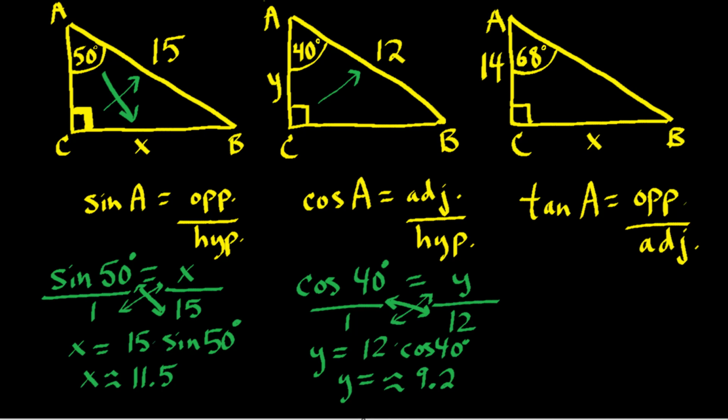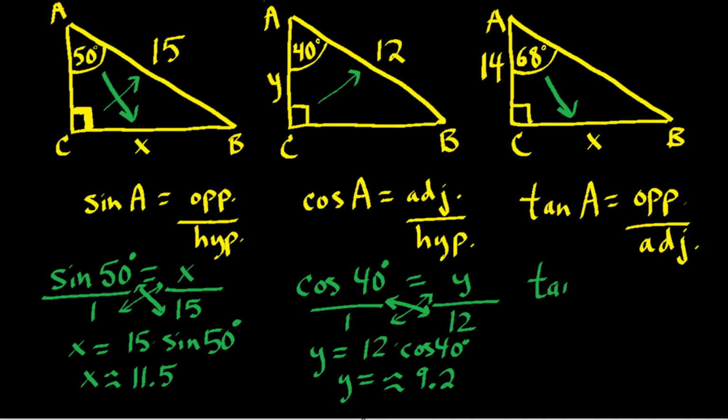Lastly, let's look at a tangent example. Across or opposite of our angle 68 is an x, and adjacent to the angle 68 is 14. Since I'm dealing with opposite and adjacent, I choose the tangent function.